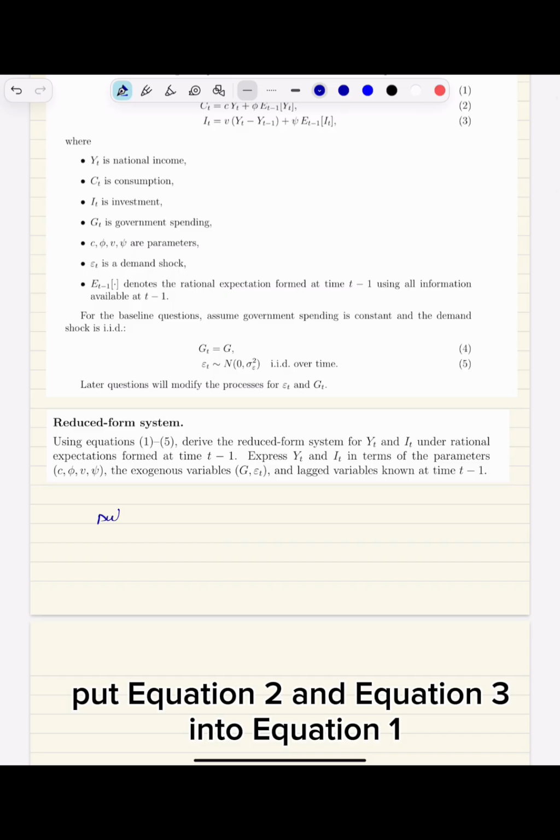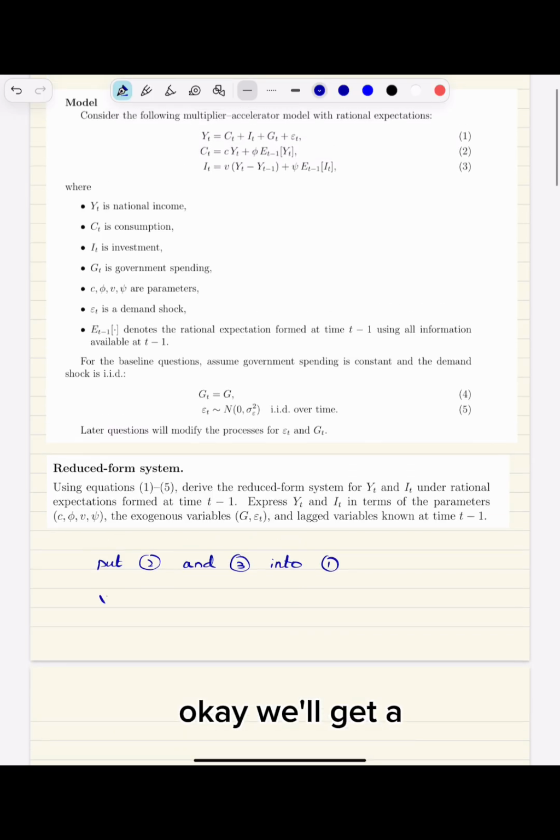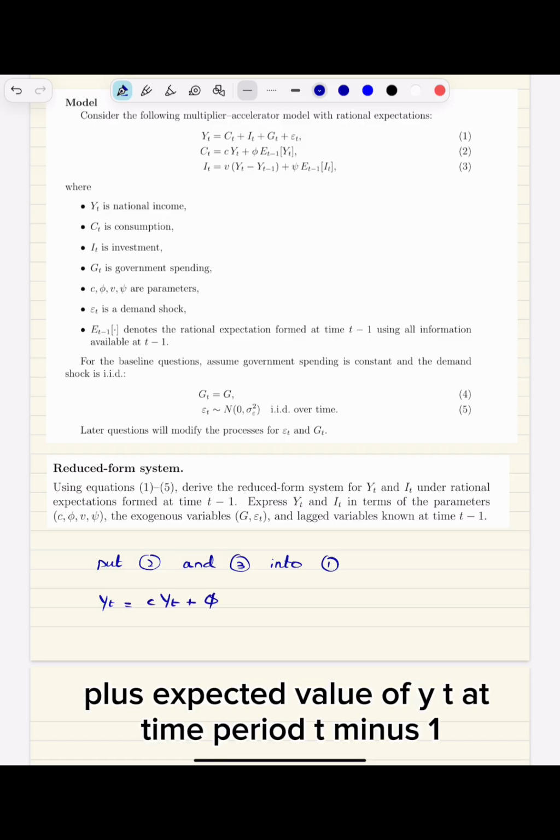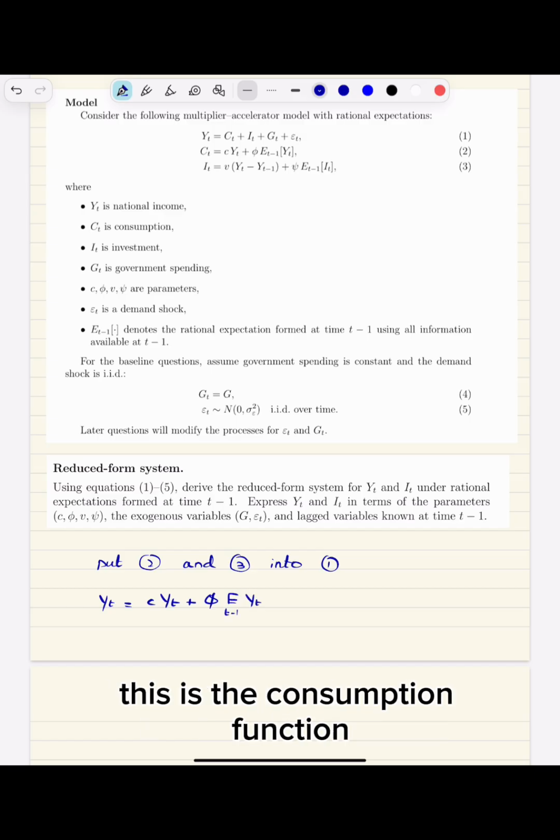Put equation 2 and equation 3 into equation 1. Okay, we'll get Yt equals c Yt plus the expected value of Yt at time period t minus 1. This is the consumption function.